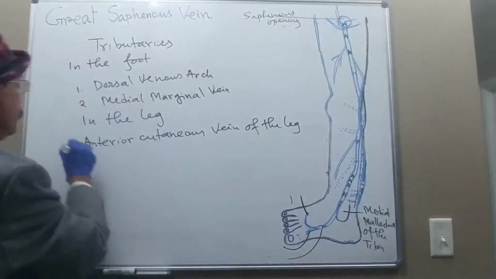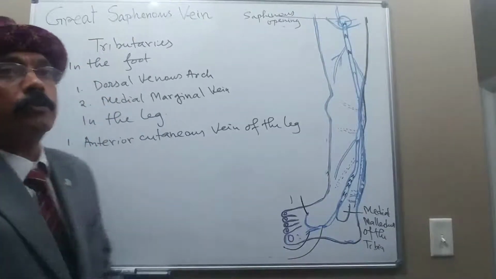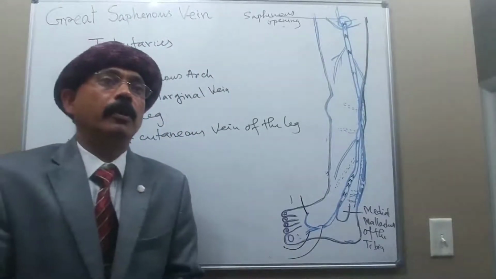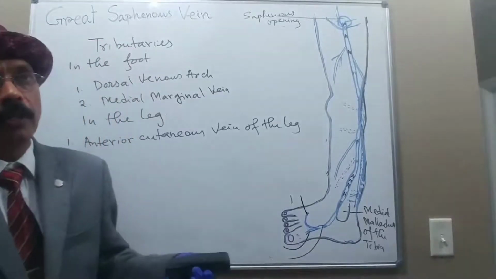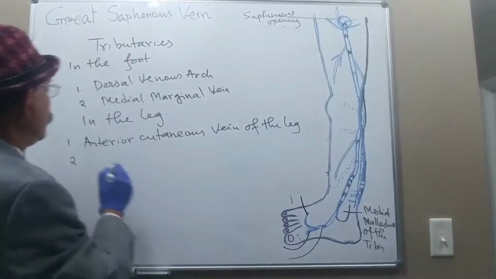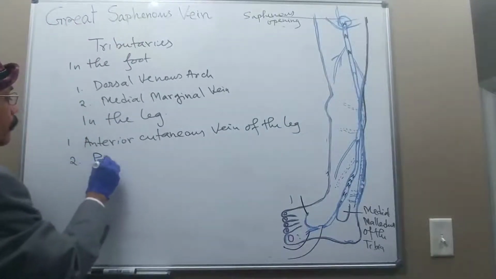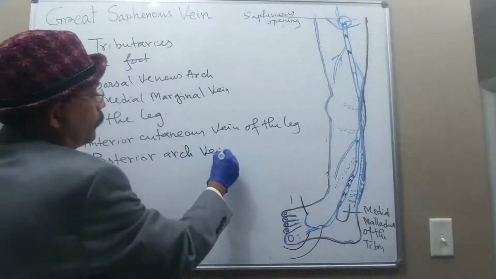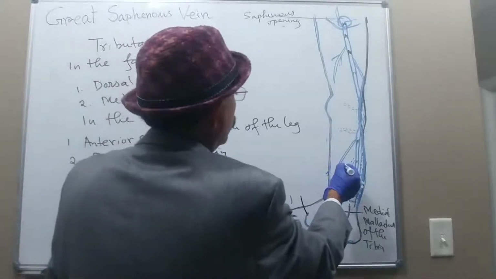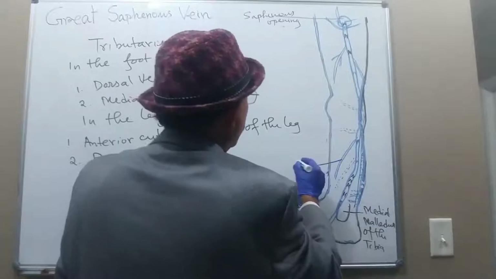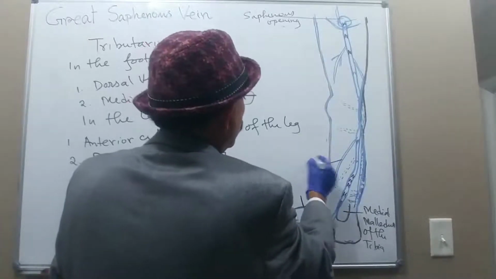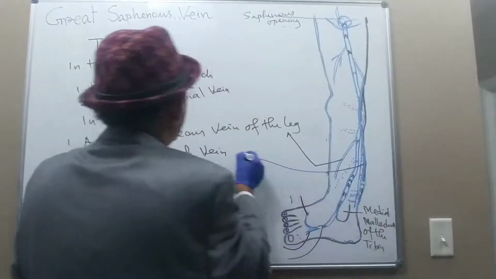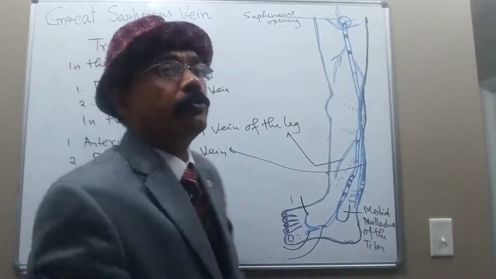We also have the posterior arch vein. So this is the anterior cutaneous vein, or anterior vein of the leg, and this is the posterior arch vein.